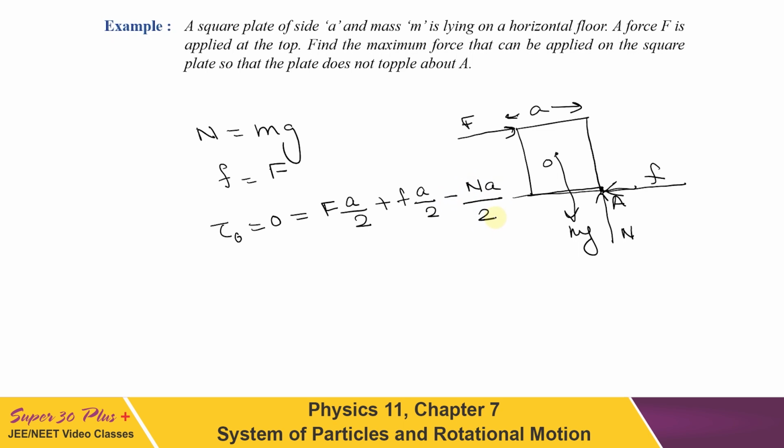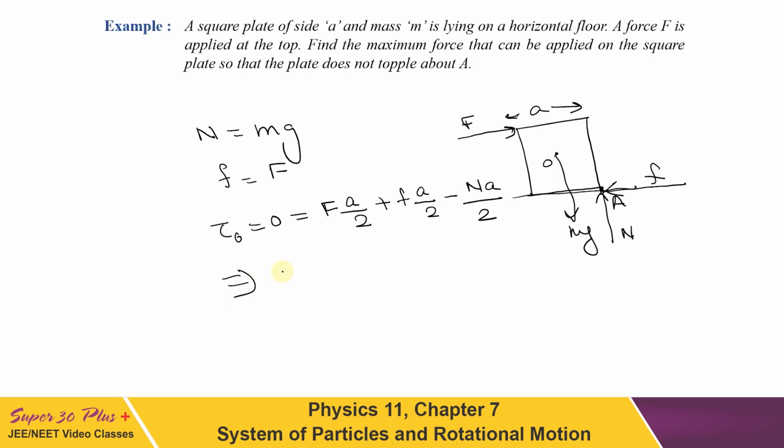Here I have considered that the normal has been shifted fully to A, and as you can see, friction and external force F both will try to rotate the plate about O in the clockwise direction, whereas the normal has a tendency to rotate it in the anti-clockwise direction. So for one direction I have written positive, for the other it has to be negative.